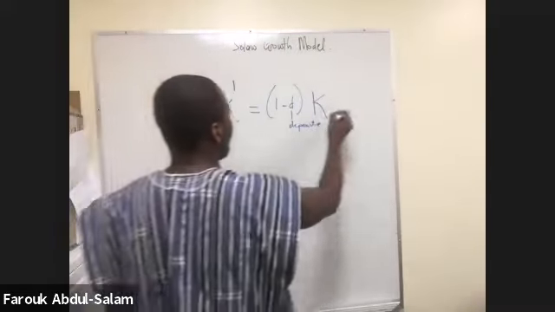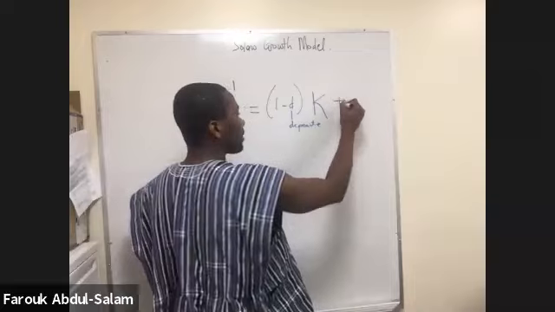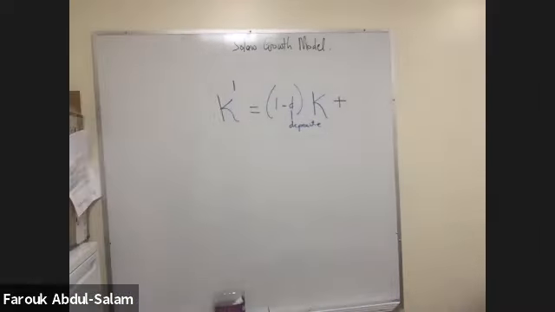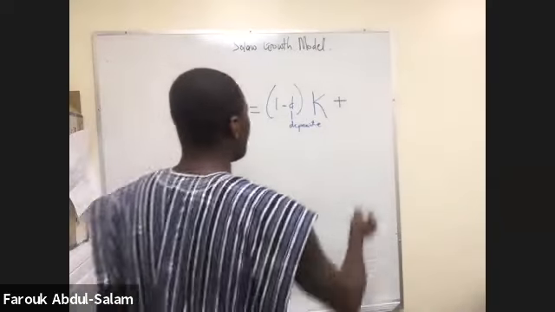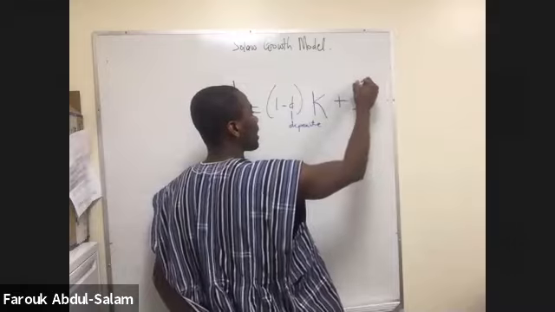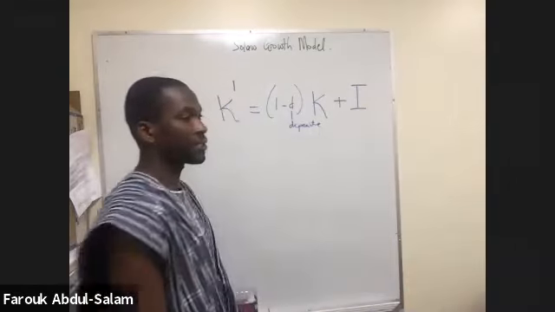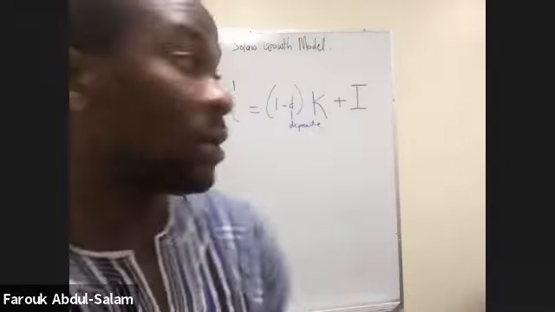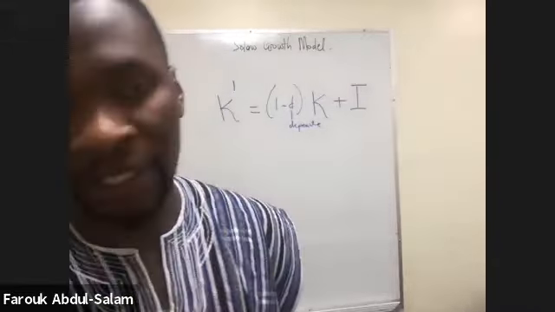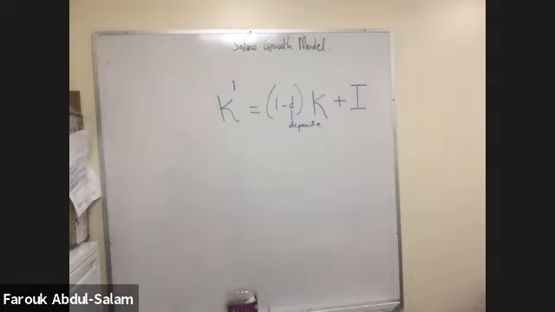In addition to that, if you happen to be a wise person and you always think about your future investment, you think about buying new laptops for tomorrow as well. So you have to invest in buying new laptops each and every period in time. So that is I. So this equation here is an equation for the motion of capital, how your capital moves every period.